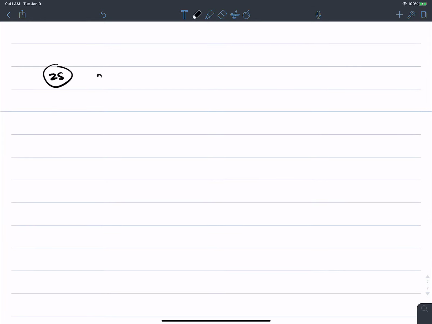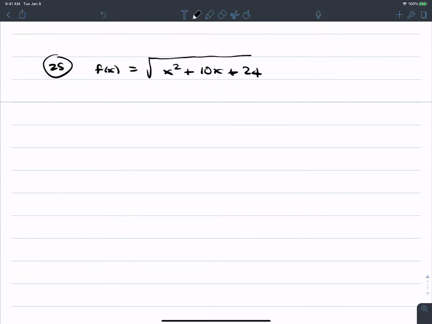Number 25. f of x is the square root again, x squared plus 10x plus 24. Another square root function. Again, we set what's under the radical to be greater than or equal to 0.